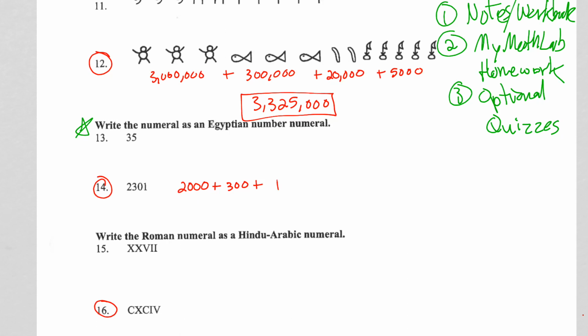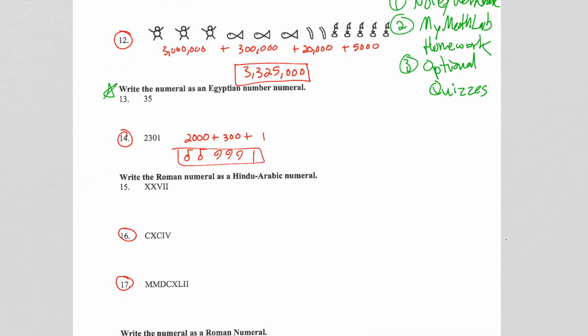We're going to have to use 2 lotus flowers for the 2,000. We need 3 scrolls for the 300, and we need a staff for the 1. All right, so that's Egyptian stuff.